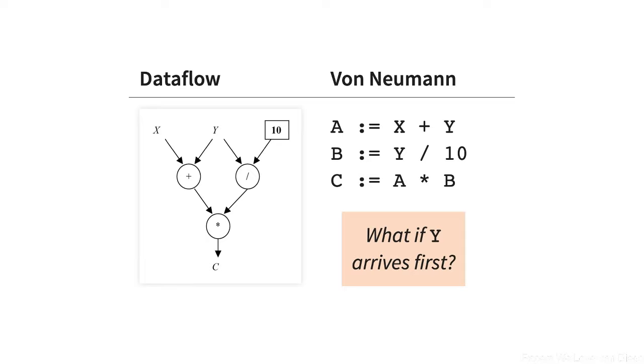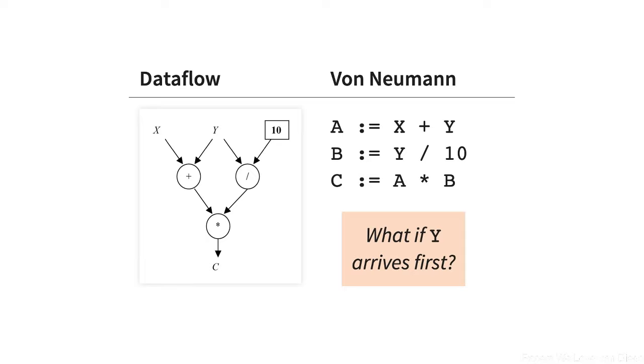So meanwhile, the imperative program is continuing to block, but the divide node can then finish its computation and place its result on the output port, and prepare it so that it's now at the input port for the mult node.